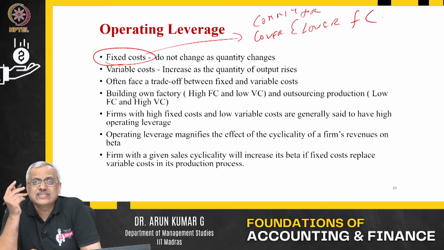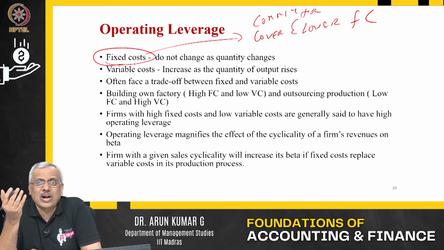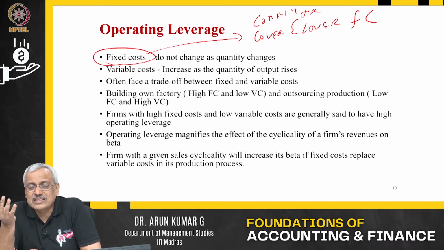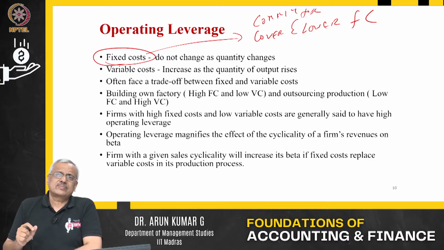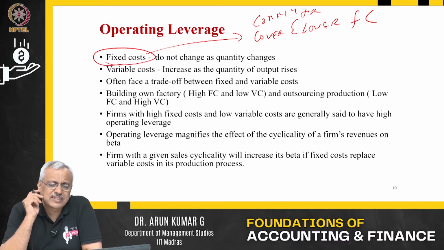Why lower and lower fixed cost? Because even if there is a downturn, a fall in the business cycle, your impact is a little less. So normally companies opt for it; the idea is to keep the fixed cost as low as possible.